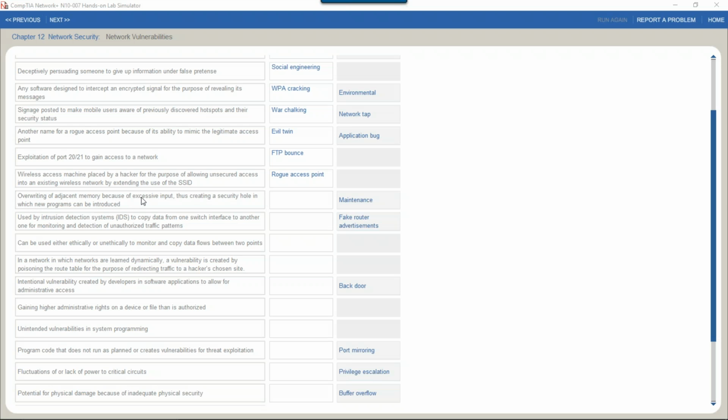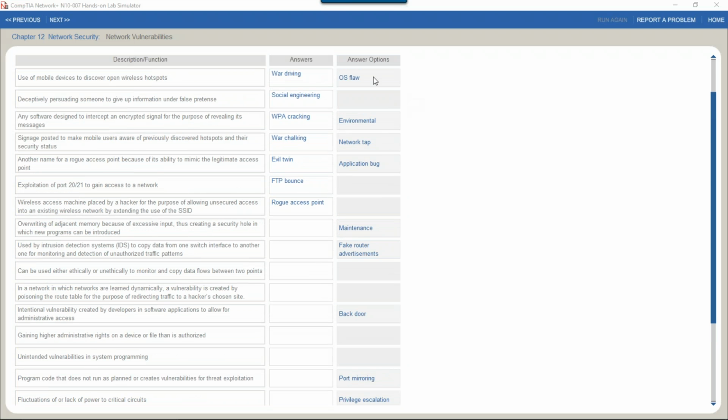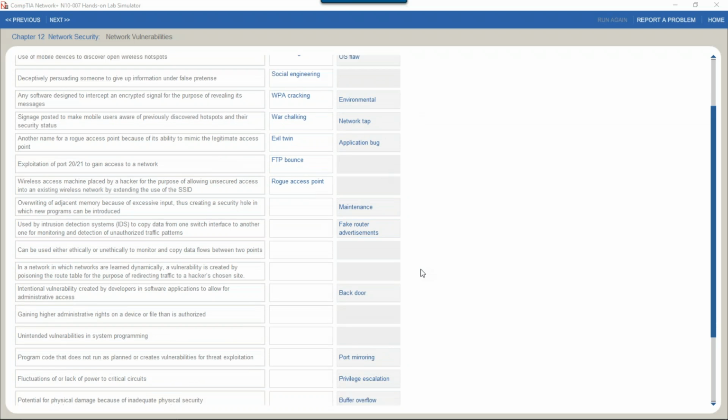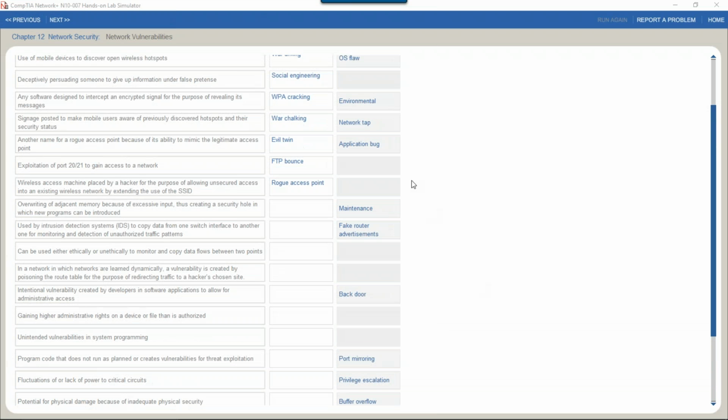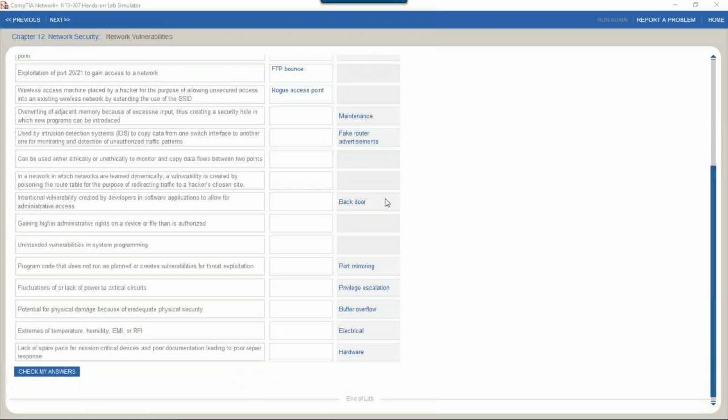It's basically saying there's too much input and you have a vulnerability because of it, right? When you look at all these, there's a couple it could be. Maybe it could be an operating system flaw, but when you see that excessive input, that should tell you right there that's going to be a buffer overflow. Okay, it's not going to be any of this other stuff.